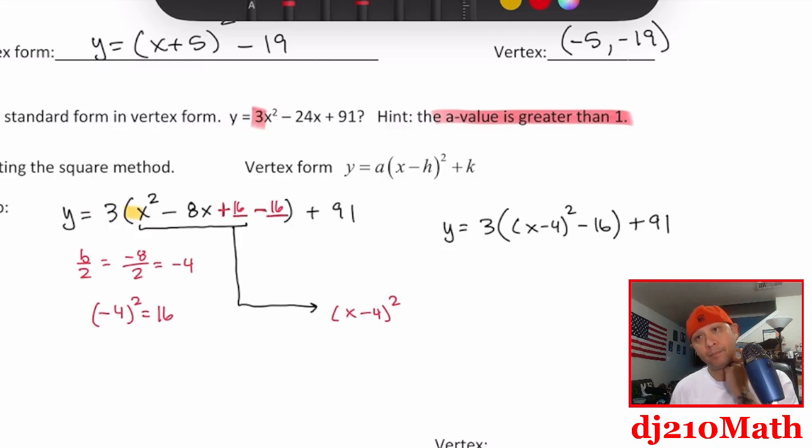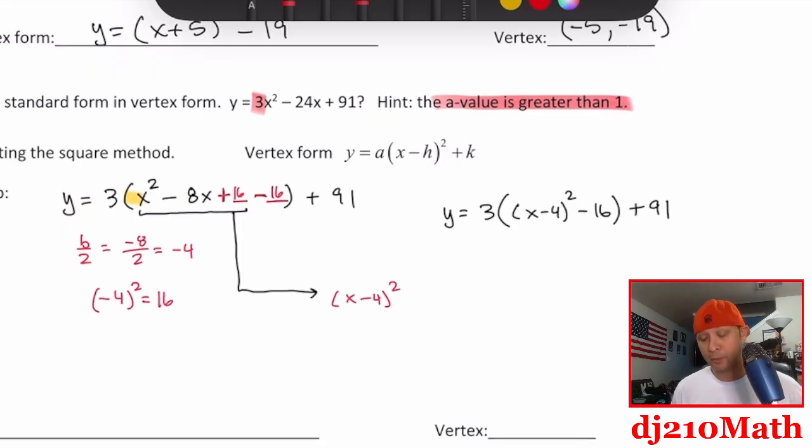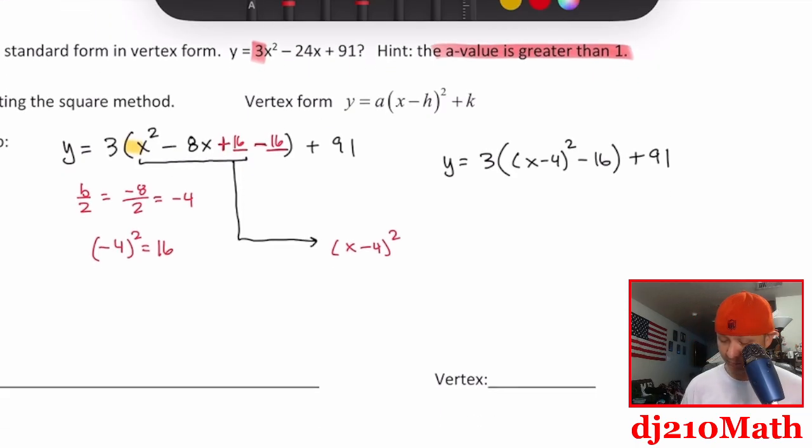We're almost done. All right. What I need to do is distribute. So this is going to be 3 times x minus 4 squared. Notice I didn't distribute the 3 into the x minus 4 because you can't. There's a square there. The square is like stopping things from going in.